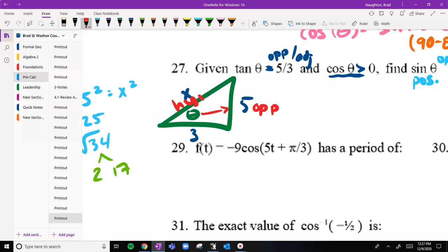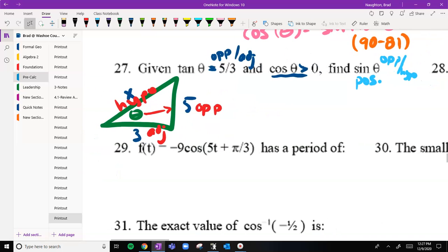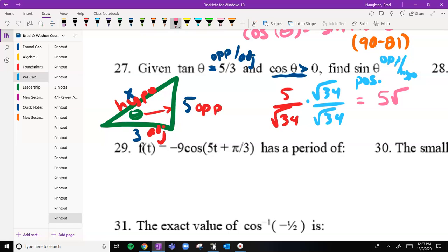The longest side is the hypo, and what's left is the adjacent. So it's opposite 5 over hypo root 34. We'll rationalize, so root 34, and this is going to go ahead and give us 5 root 34 over 34. And that's our answer here for 27.